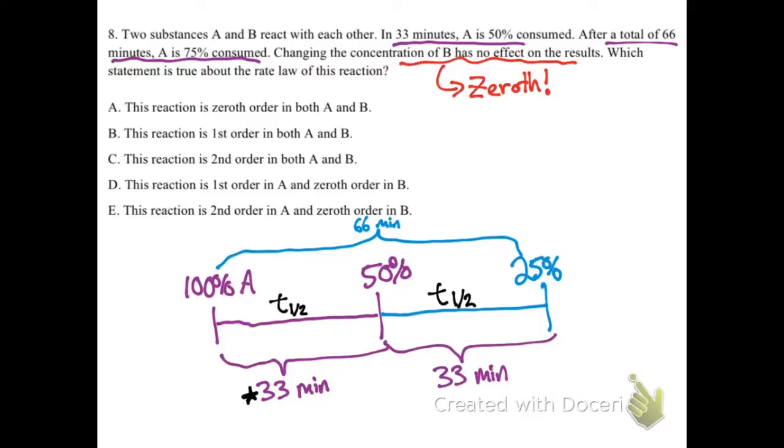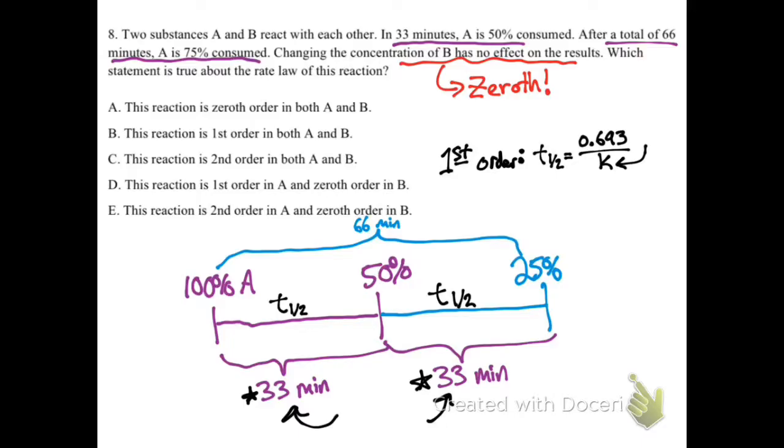And what do we notice about the time of each half-life? Well, they're consistent. Each half-life was 33 minutes. Consistent half-lives are a hallmark of first-order reactions because for first order, half-life is equal to 0.693 divided by k. It's only dependent on the rate constant, which is a constant for any given reaction at any given temperature.